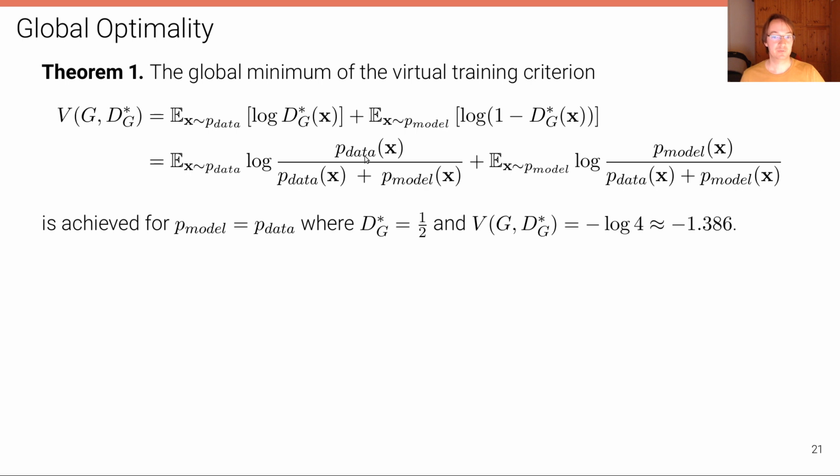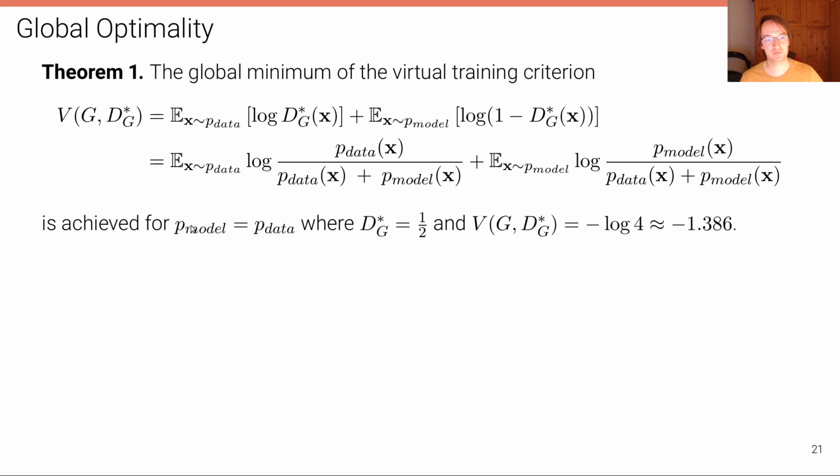And if this is 1/2, then here we have the expectation of log of 1/2 plus the expectation of log of 1/2. The expression inside the expectation on each side doesn't depend on x anymore, so the expectation symbol goes away on both sides. So we simply have the logarithm of 1/2 plus the logarithm of 1/2, and that's simply minus the logarithm of 4.